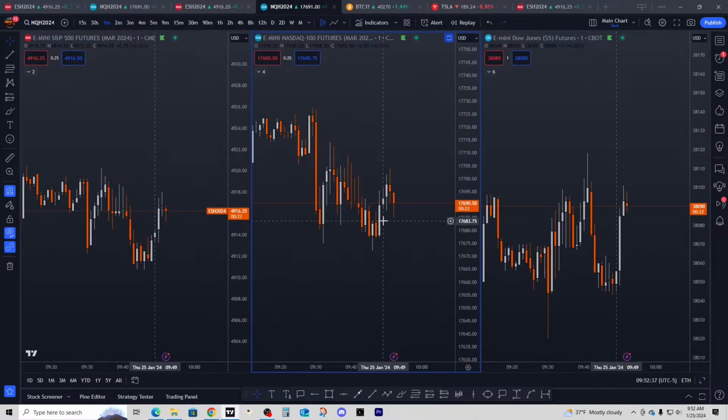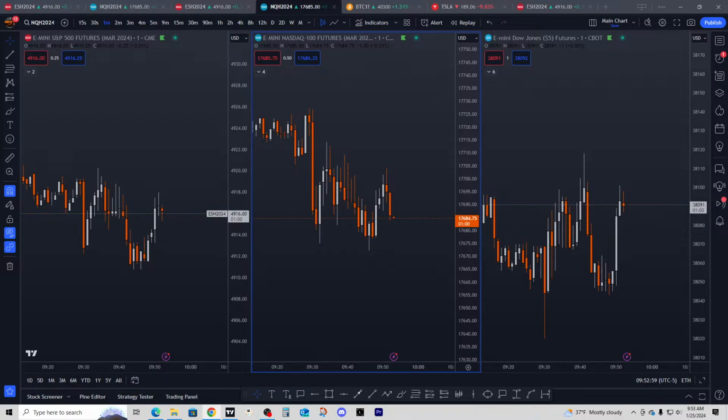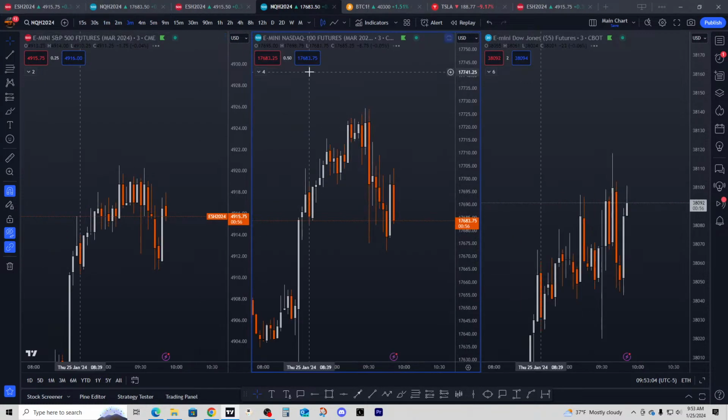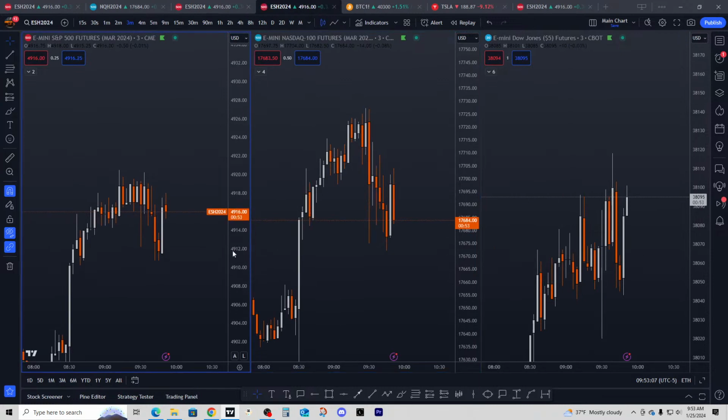I want to pay attention to that. So we still got bullish SMT here. This could still just chop around for a little bit. I do want to pay attention to this.